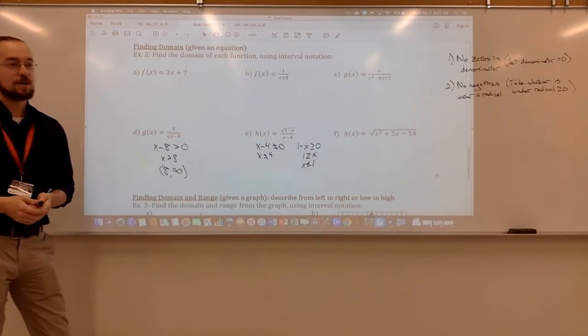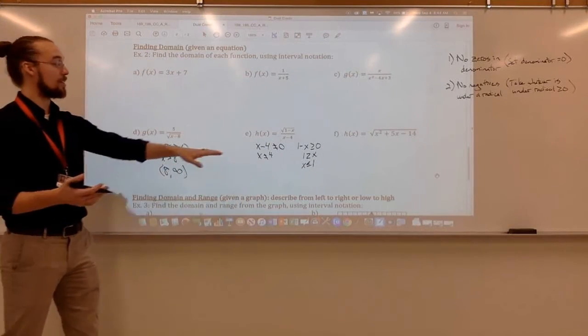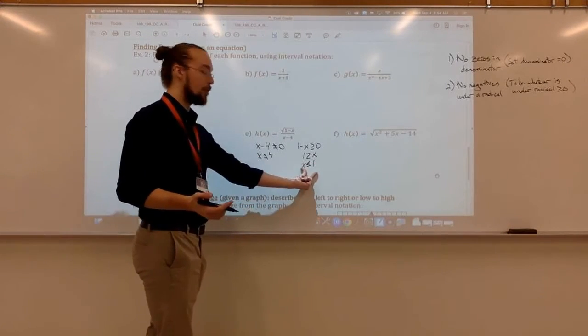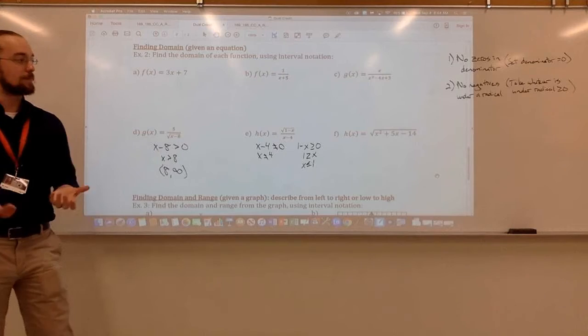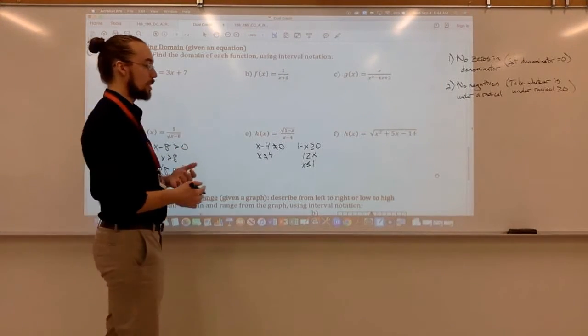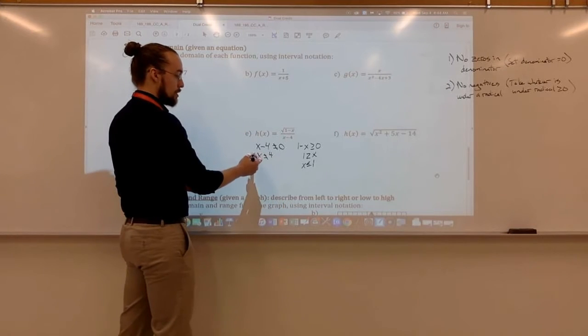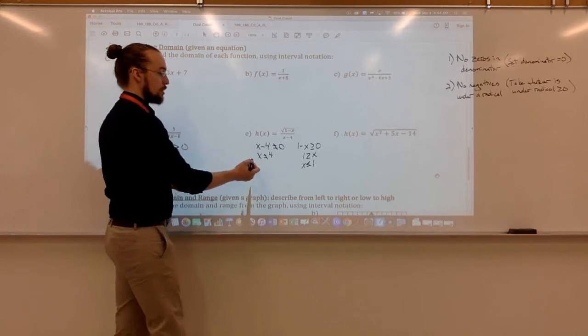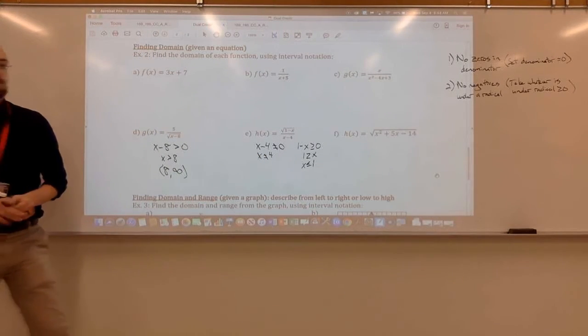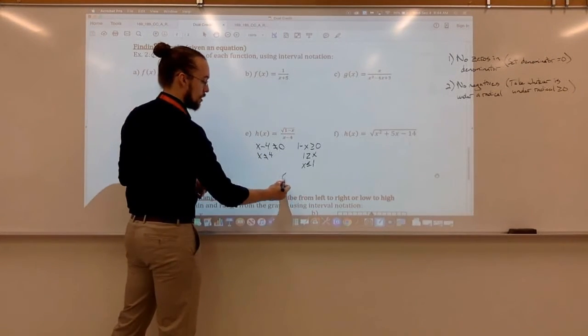This piece doesn't even matter. A lot of times this will matter, though. A lot of times this would be part of this piece, and we would just have to create a hole like we did up here for these examples, right? So this actually doesn't give me any information for this problem. How would I write this in interval notation? Negative infinity to 1.